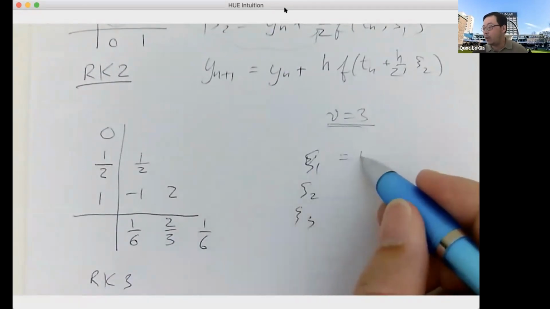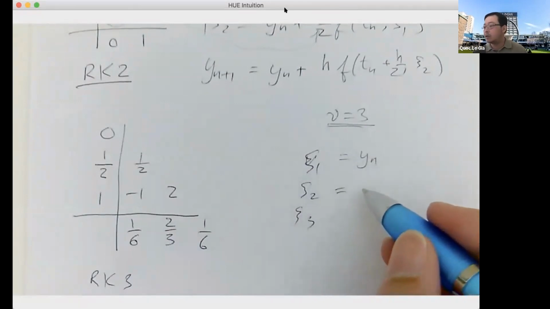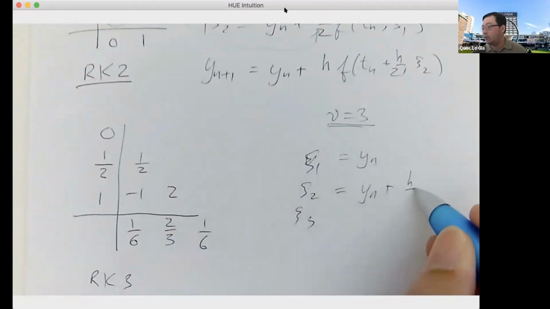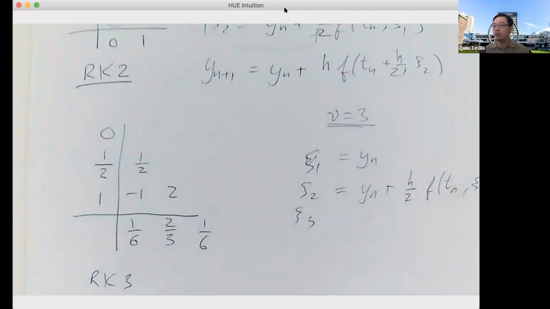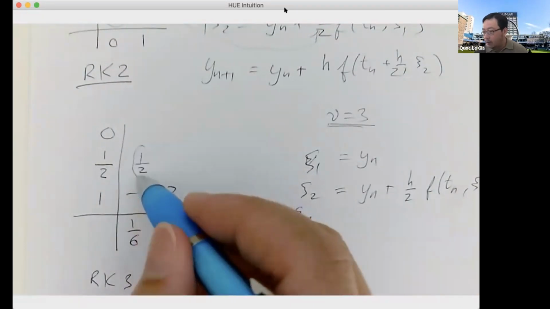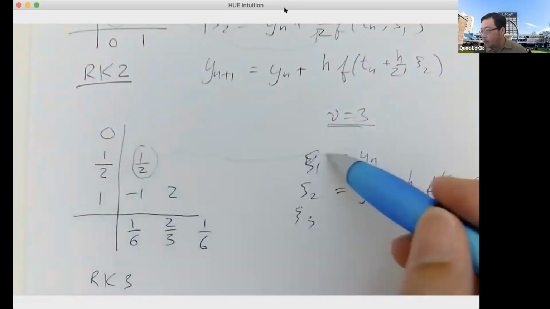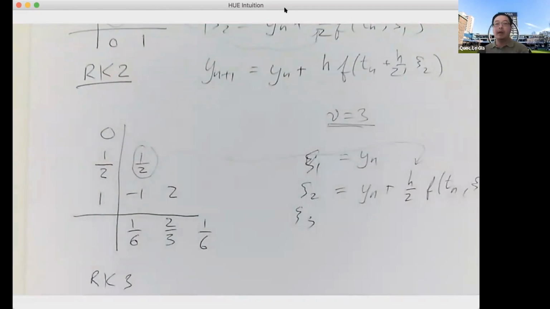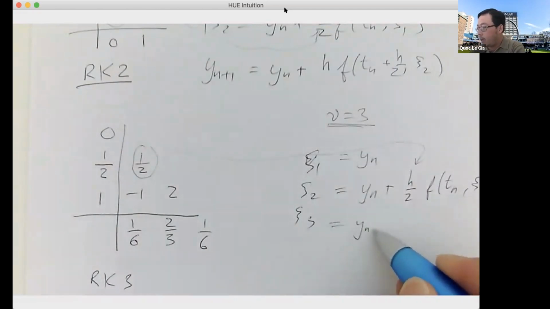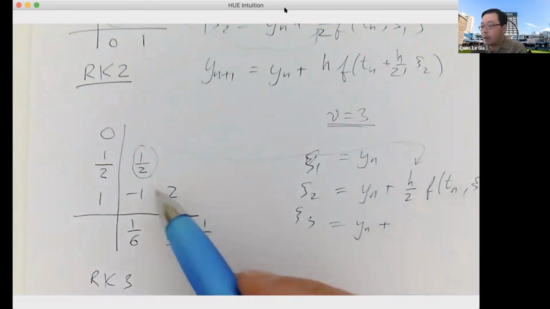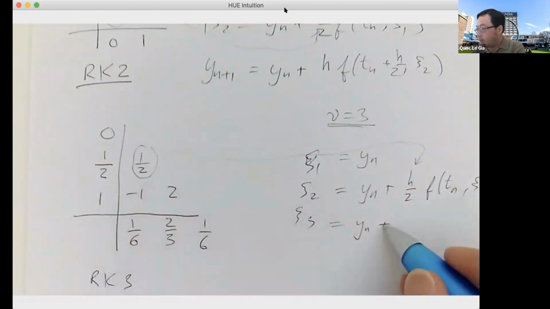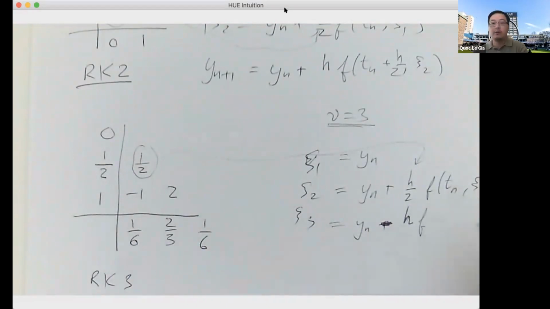So xi1 is just yn, and xi2 is yn plus h over 2 f(tn, xi1). Where do I get h over 2? Well, this number gives me the coefficient here. And then xi3 is yn plus, okay, so this is a minus. So I have a minus, and minus h, well, just h, because there's nothing here. So f of xi.